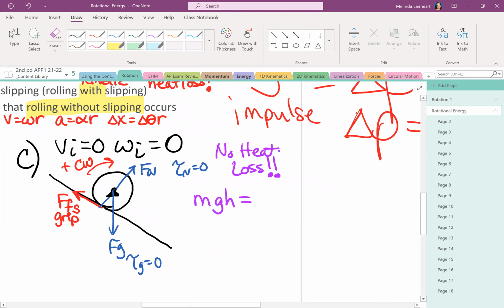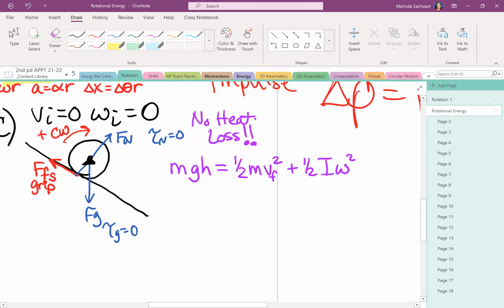I'm not going to write work done by friction. And we're still going to translate, meaning we still have linear kinetic energy. And now we're going to rotate. Okay. Now again, this v final is different than above. Let's take a look at I omega squared and do some substitution, because a reminder, we are non-slip.